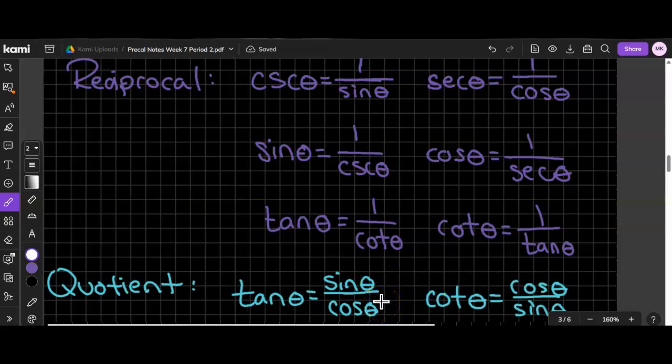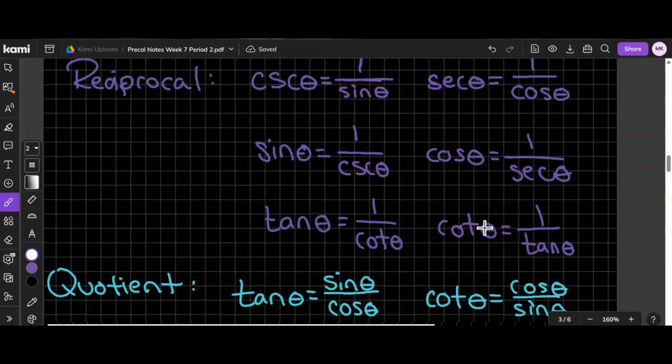So you can actually represent that as an identity in multiple ways, either as rewriting tangent as 1 over cotangent, or if you see cotangent on the bottom of your fraction, simplifying that and just writing tangent on the top of your fraction. Same thing for cotangent. If you have tangent on the bottom, you can rewrite that so that you have cotangent on the top.